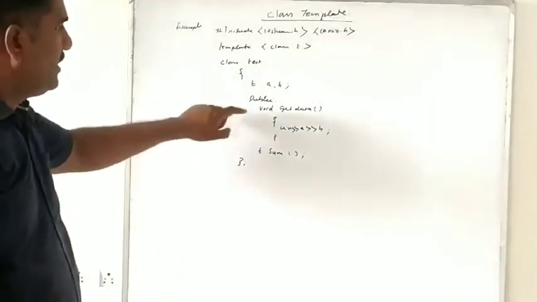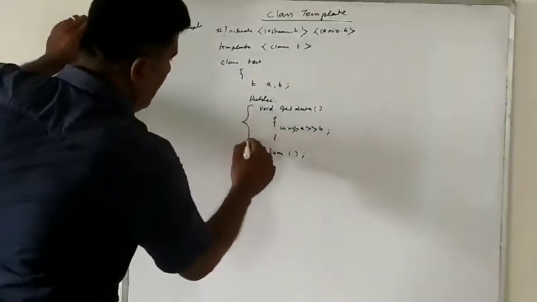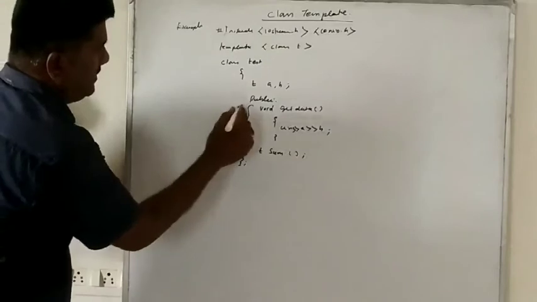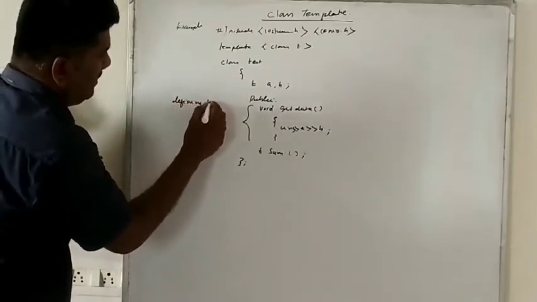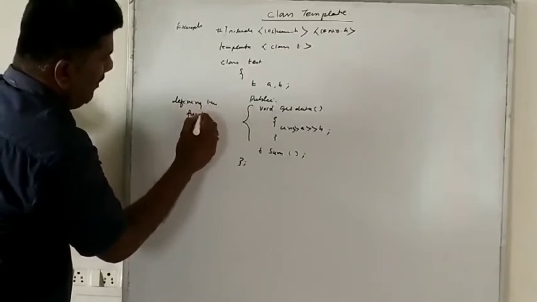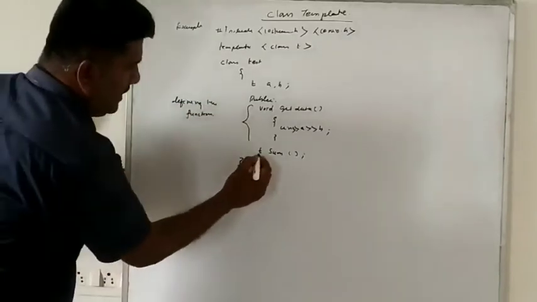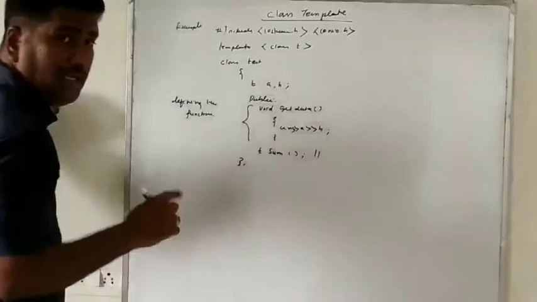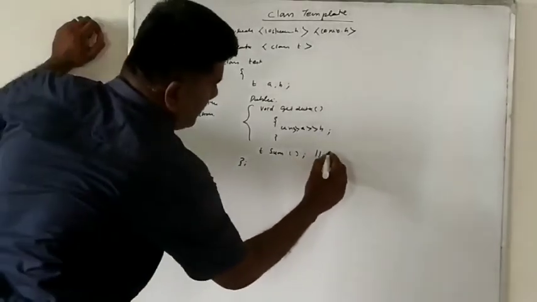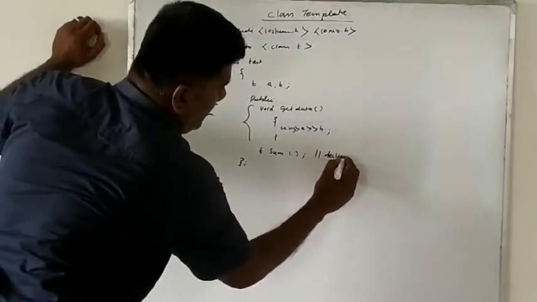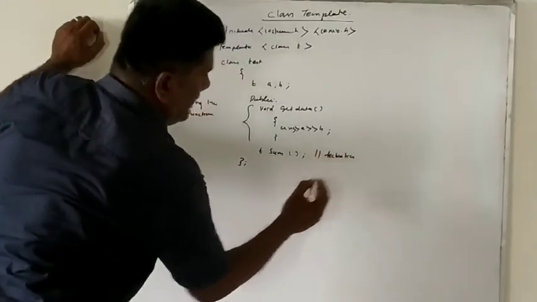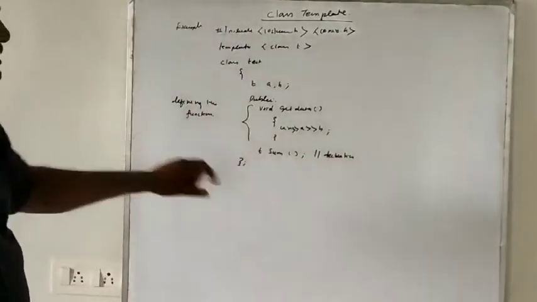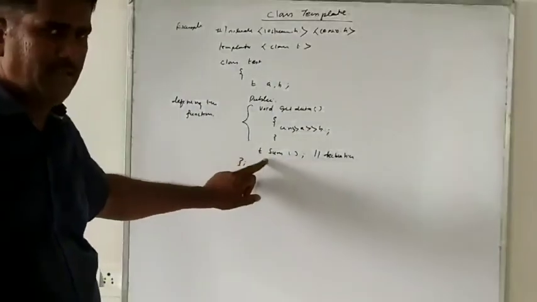Here we already defined the function. This is called defining the function. But here it is only a declaration, not a definition.